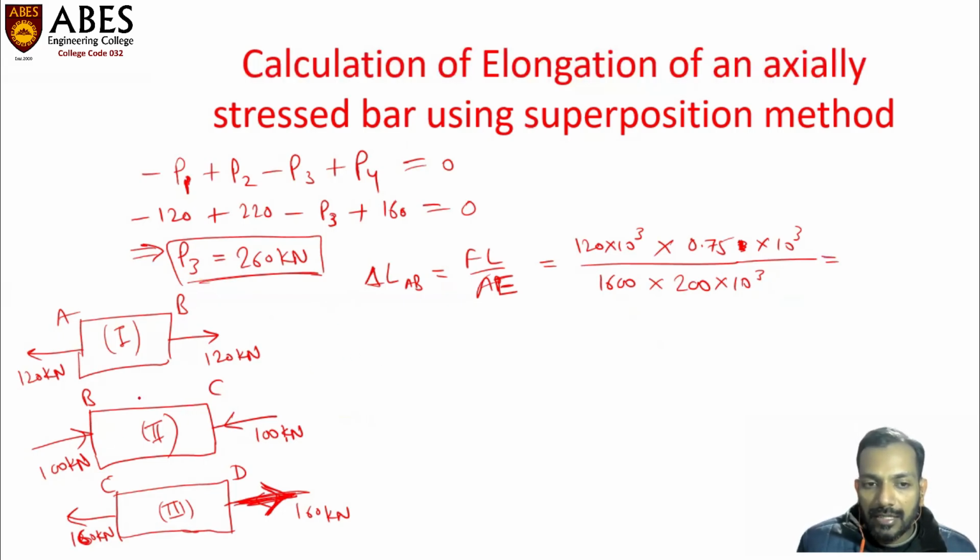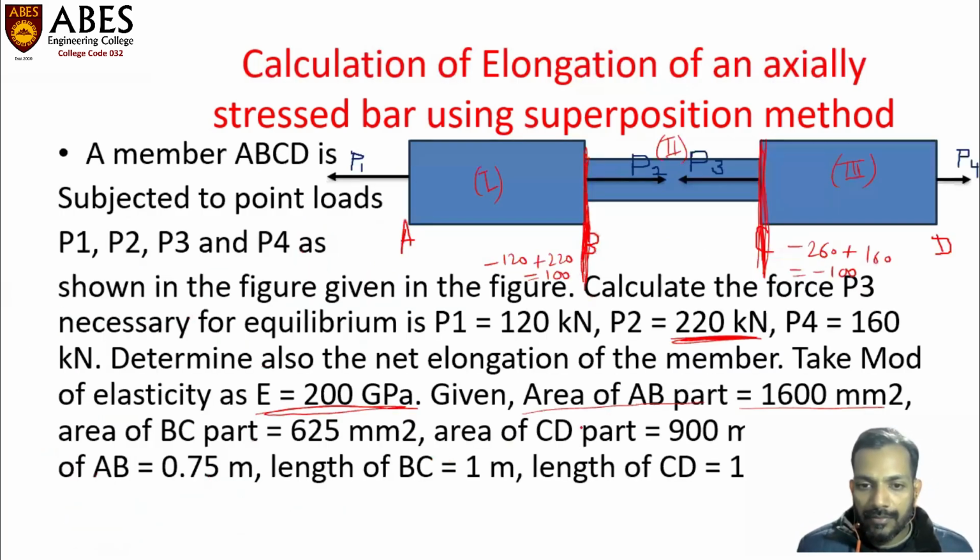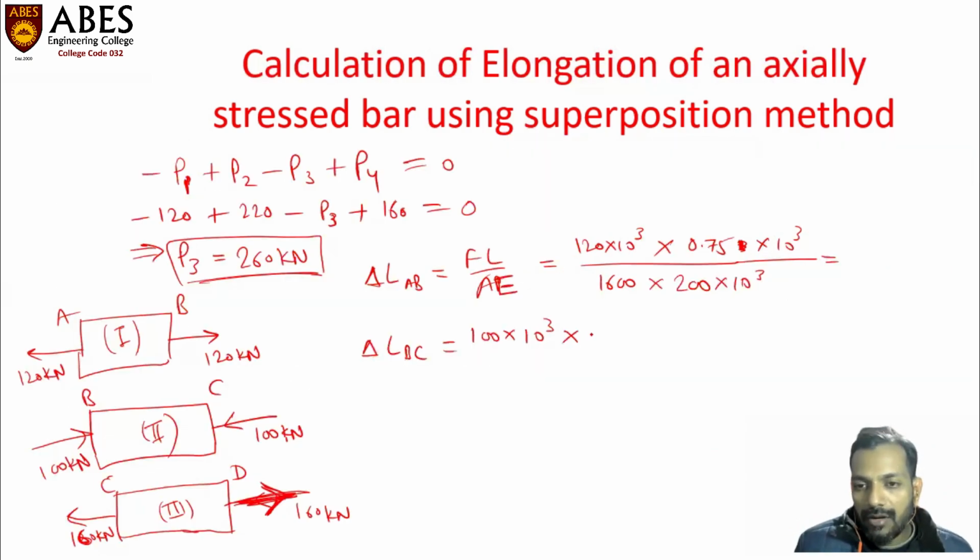Now, BC is under the compressive nature of force. The arrowheads are acting inwards. It will reduce the length of the portion BC, so it must be negative. Delta L BC is equal to, using the same formula once again, FL upon AE. So 100 into 10 raised to the power 3 is F. What is the length of this middle portion? The length of the middle portion is 1 meter, which I will write as 1000 millimeter.